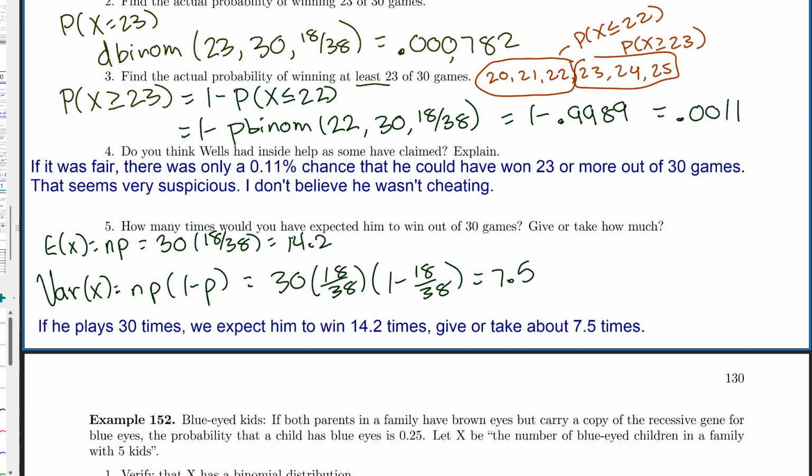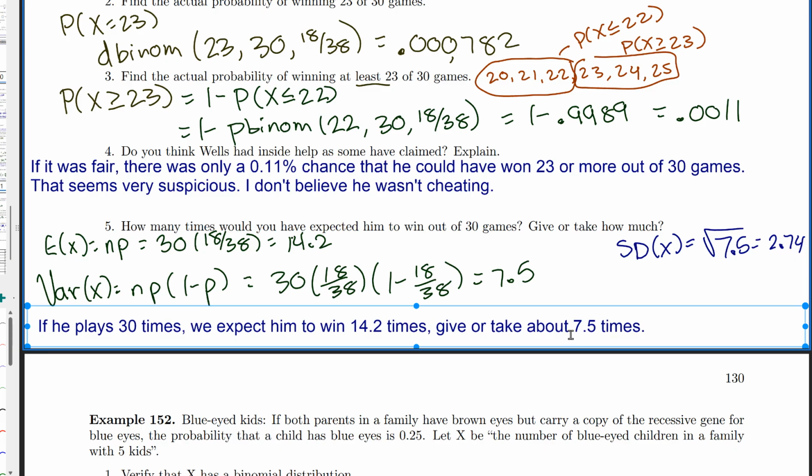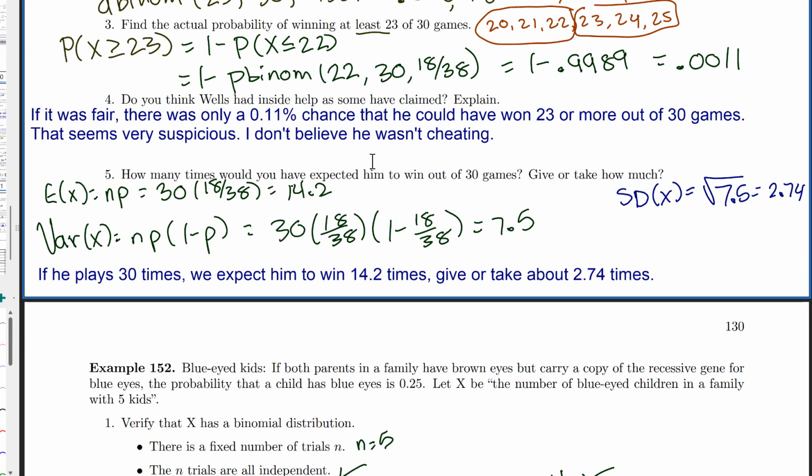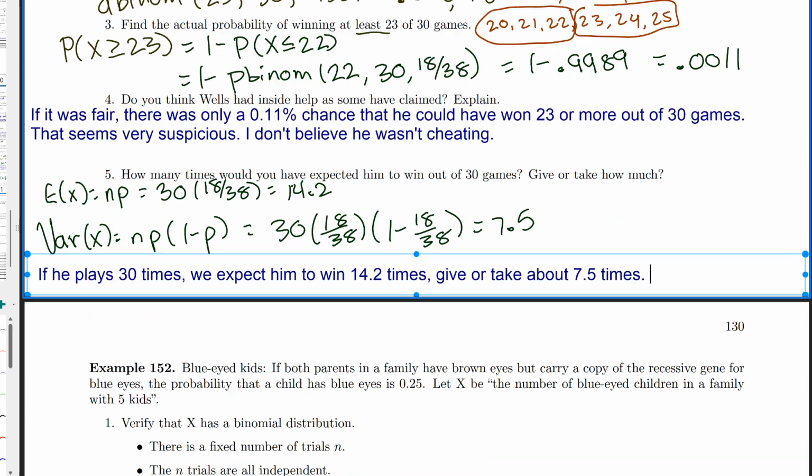The standard deviation of x is equal to the square root of the variance. So the square root of 7.5 gives me 2.74. So coming here, if he plays 30 times, we'd expect him to win about 14.2 times, give or take about 2.74 times. Okay, that actually makes more sense. I apologize for that.